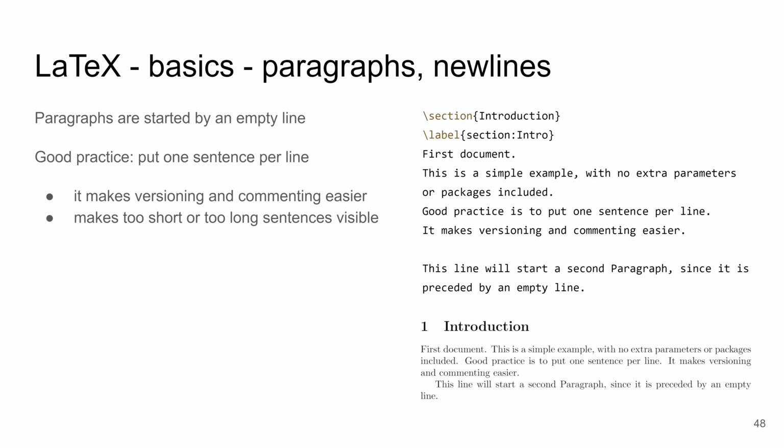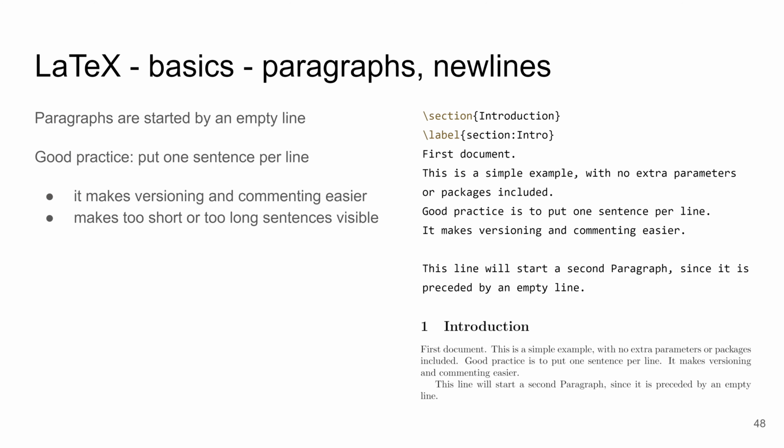Now, as to paragraphs, new lines in TeX are treated as regular white space. So a new line in TeX actually doesn't mean there will be a new line in the resulting text. If you want a new line, you probably want to start a new paragraph. And you start a new paragraph by having two new lines in the source file.